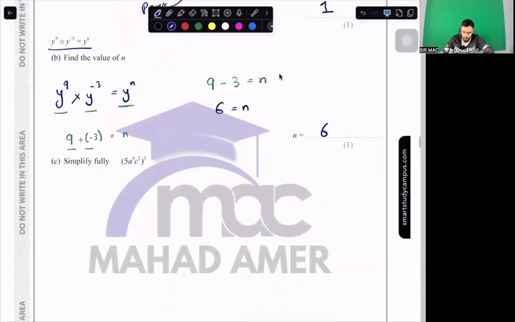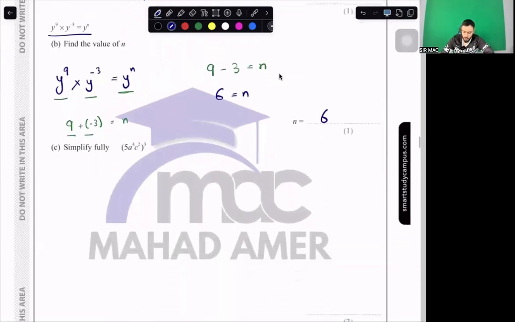Now this simplification. So this is 5, a to the power 4, c squared, and then there's a cube on the top. Power and power always multiplies. So first of all, 5 cubed is going to be 125. So 5 5s are 25 and 25 5s are 125. For a, 4 3s are 12, so a to the power 4 times 3 is 12.